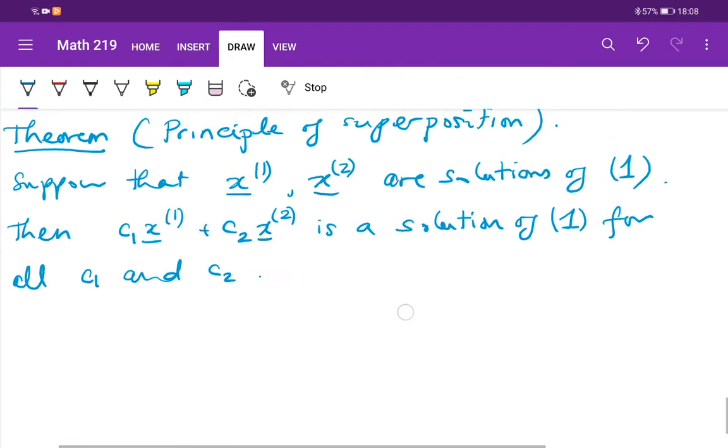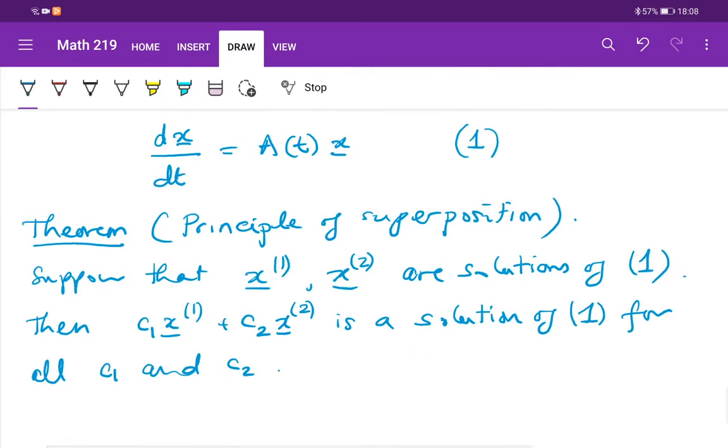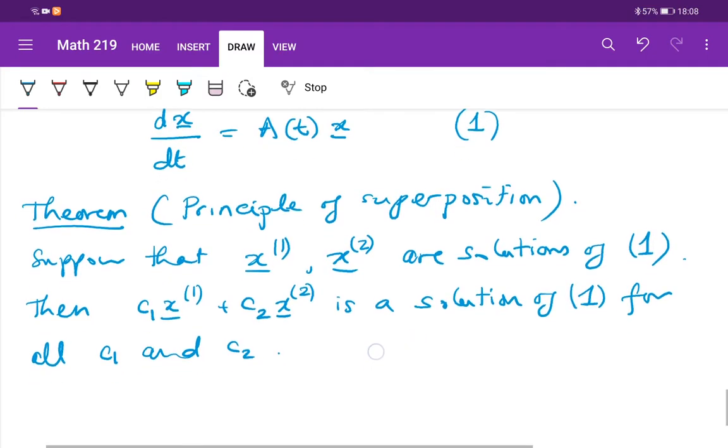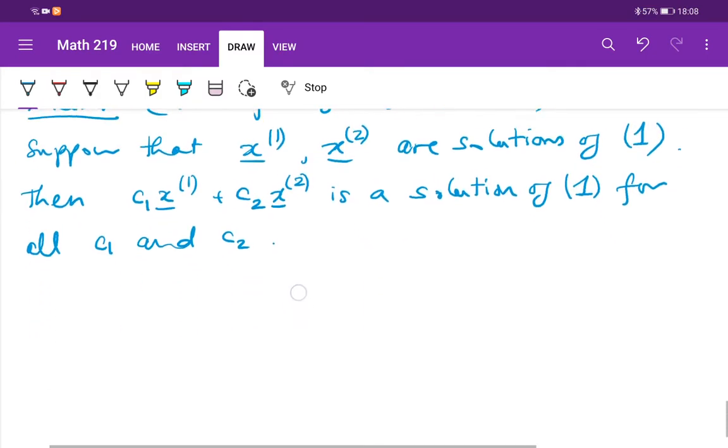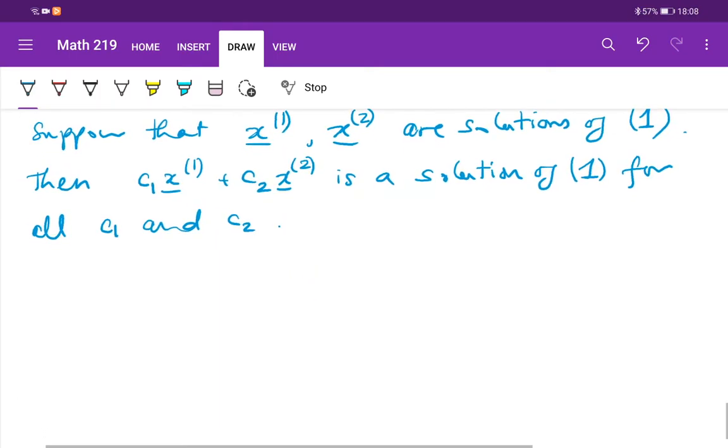Okay, so let's continue considering equation 1, and let's add an initial condition. Let's consider the initial value problem.